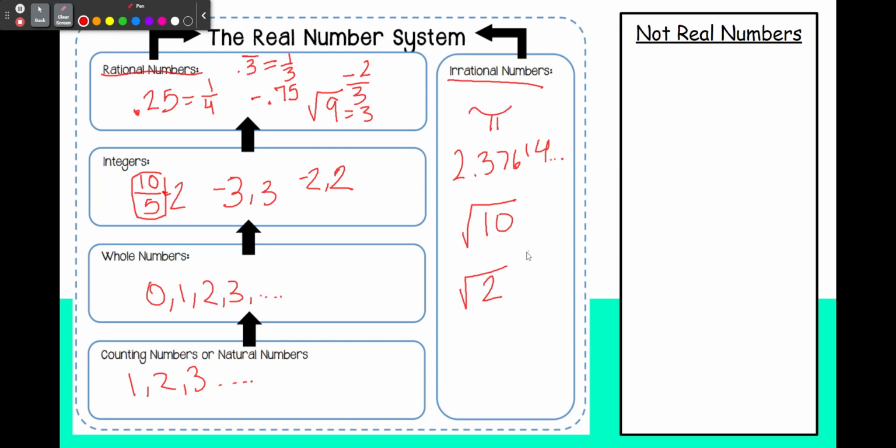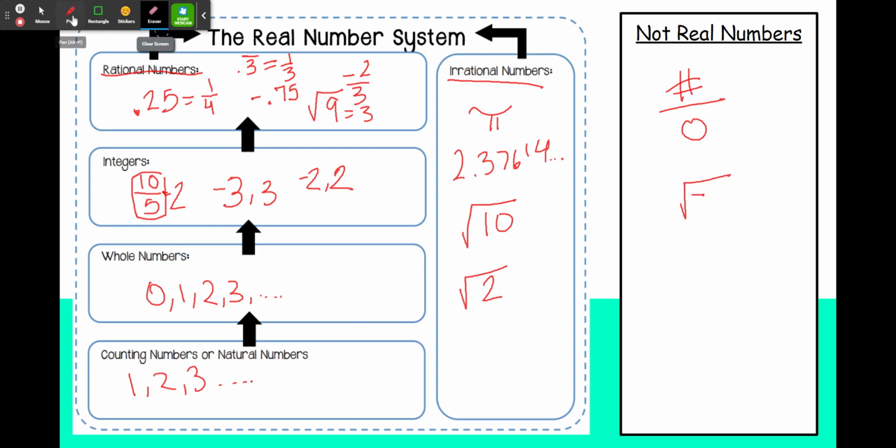Let's go ahead and give you a brief look at not real numbers. Not real numbers can be broken down, for right now, as any number divided by 0. We learned this when we were working on slope, and this ends up being our undefined slope. So this is a not real number.